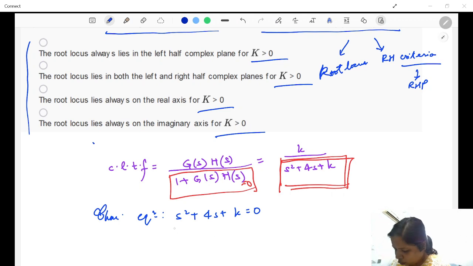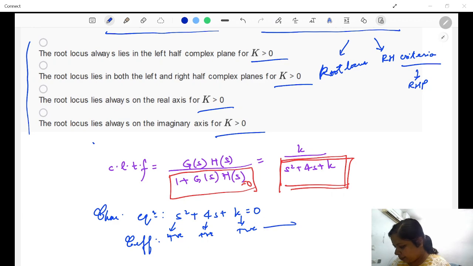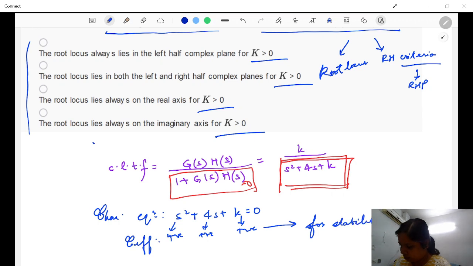Now the coefficient here is positive, the coefficient here is also positive, so this coefficient should also be positive for stability. And we see that all the options have k greater than 0 only. So definitely we are going to have stability for all the options.